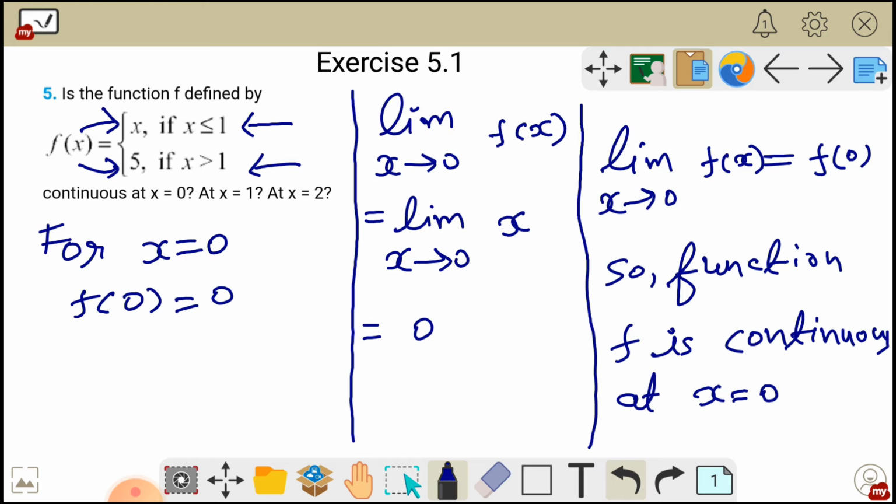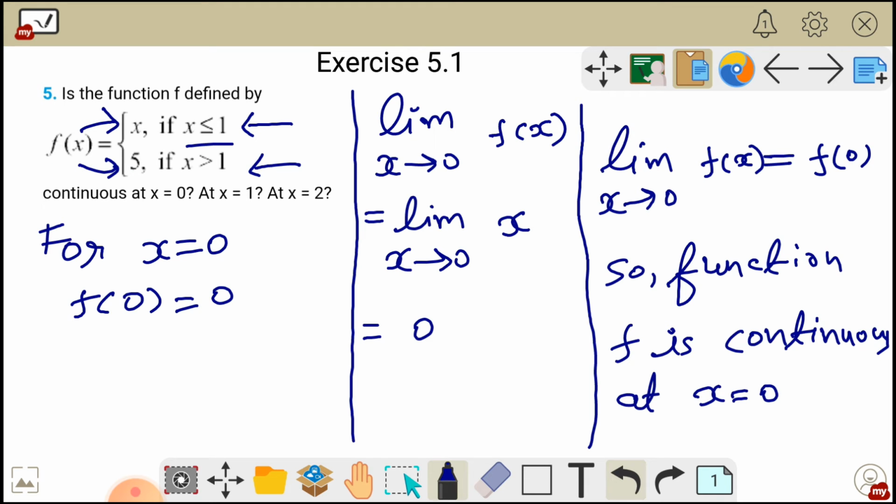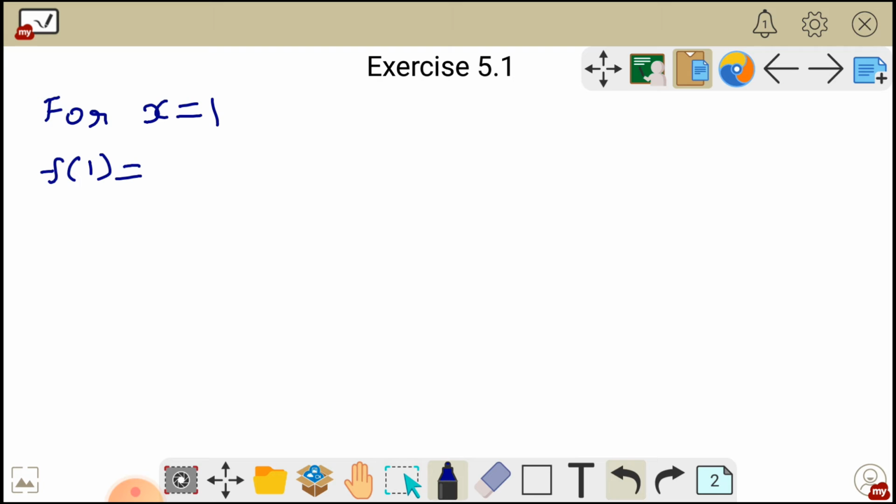So let us start. Let us check for x is equal to 1. We have f of 1. Now what will be f of 1? It is really simple. Here you can see that for x less than or equal to 1, f of x is equal to x. So here we have equal to 1, so f of x is equal to x, that means f of 1 is equal to 1. Now let us find the limit of this function. First of all let us find the left limit.